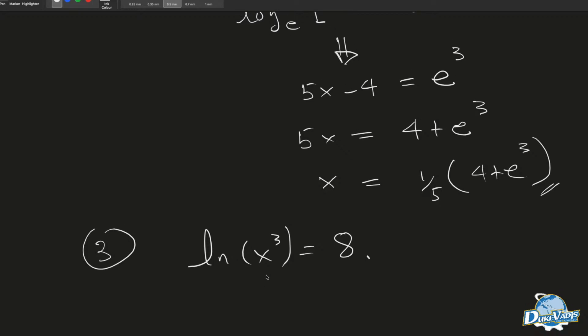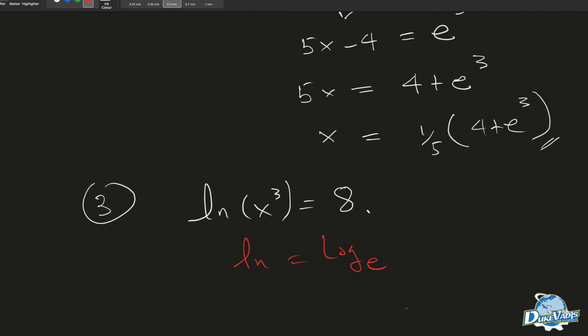Bear in mind once again that natural log can also be written as log to the base e. Because of that, our equation will take on a different look. So this one will be log to the base e of s cubed is equal to 8.